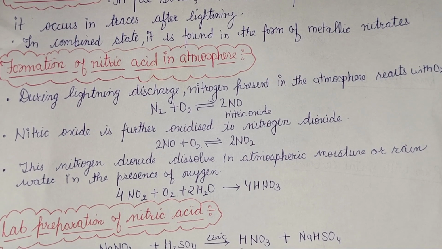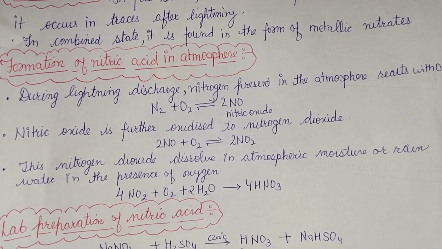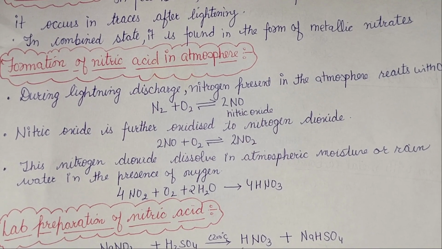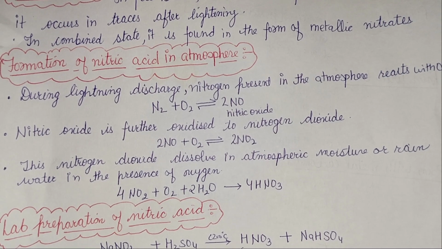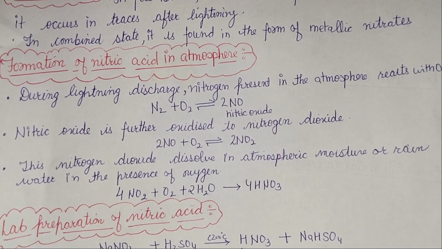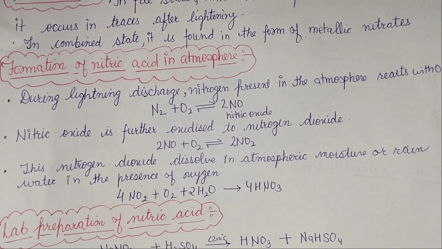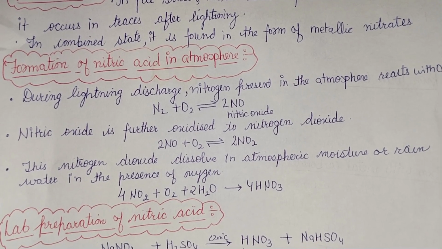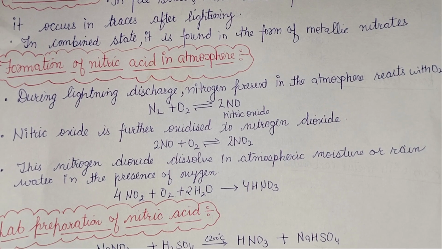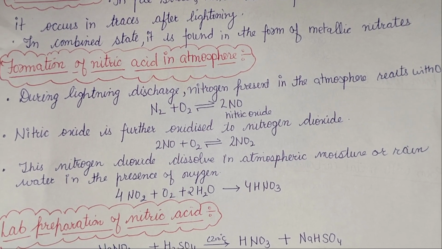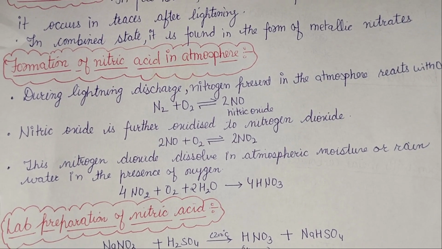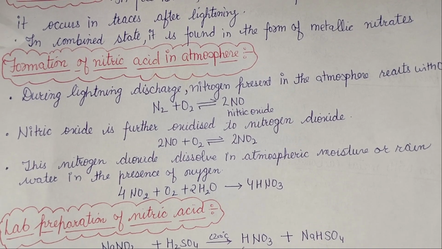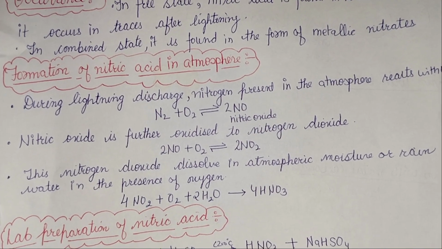This nitric oxide is further oxidized to form nitrogen dioxide, and this oxygen is also present in our atmosphere. Now this nitrogen dioxide dissolves in atmospheric moisture or rainwater in the presence of oxygen and leads to the formation of nitric acid.